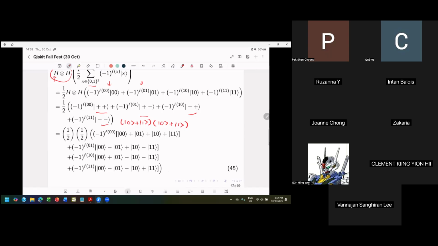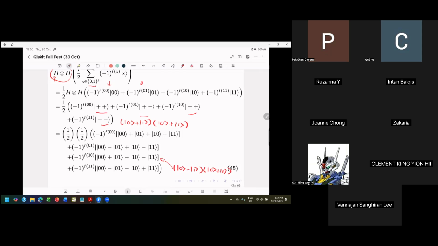If you look at, for instance, over here, this will be minus plus. So you have 0 minus 1 tensor with 0 plus 1. Sorry, this should be here.